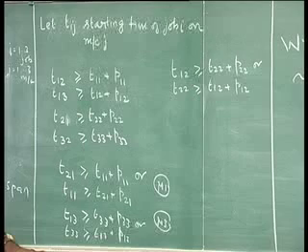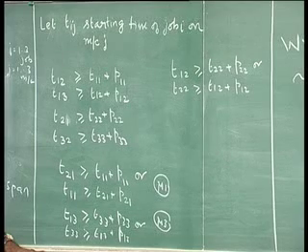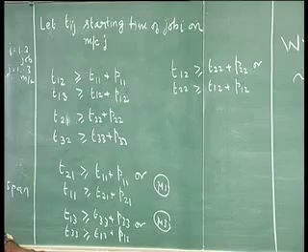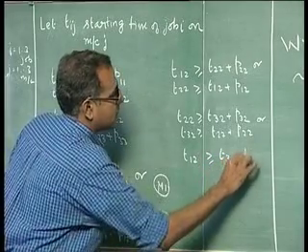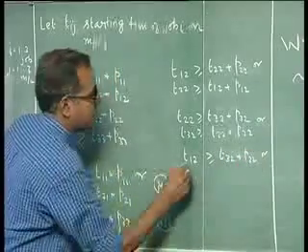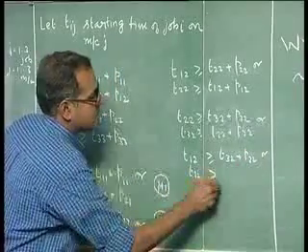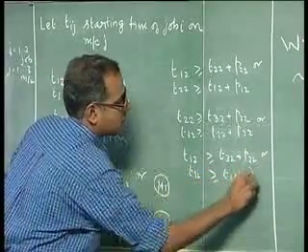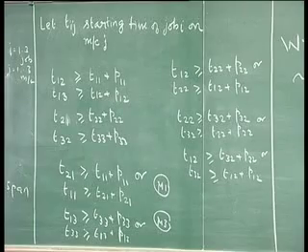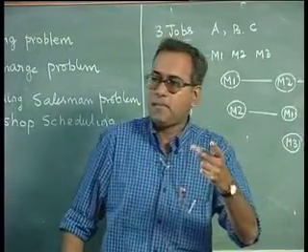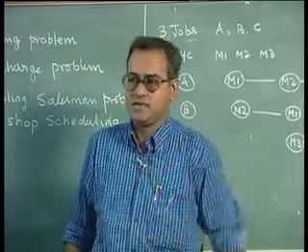This is one pair, and for 1,3 you will have T12 is greater than or equal to T32 plus P32, or T32 is greater than or equal to T12 plus P12. You have another set. So, in general, if all the jobs go through all the machines, then you will have mn pairs of constraints.